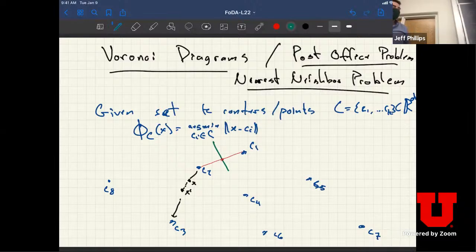I can do this with a bunch of these points, and there's a structure emerging here. See how well I can draw this.